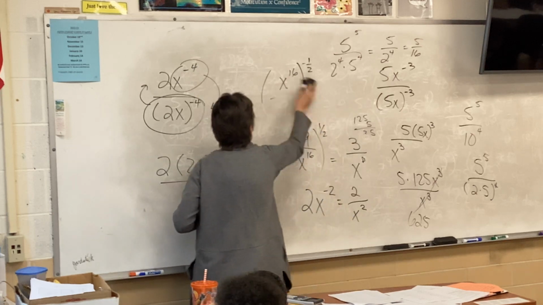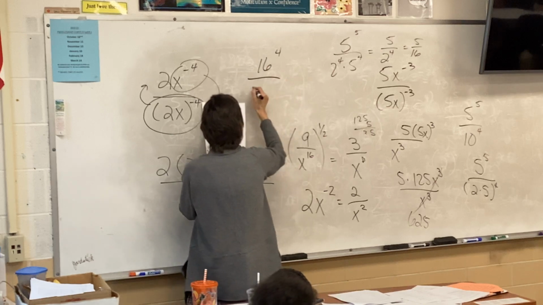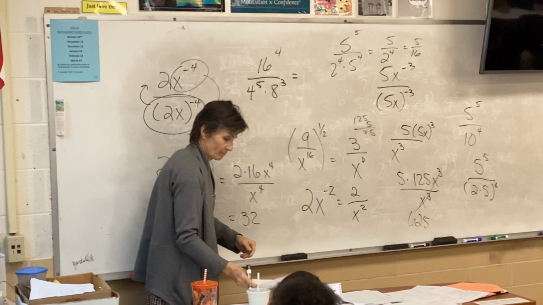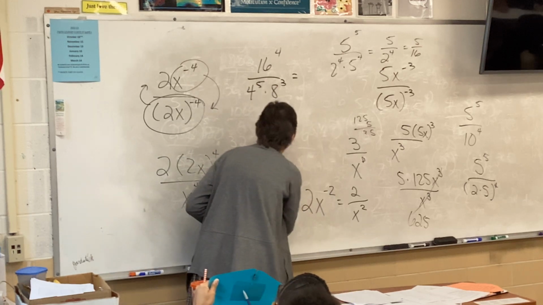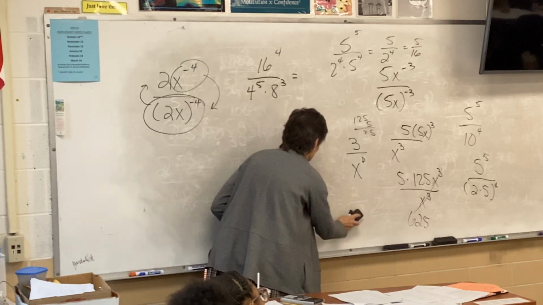How about this one, last one? 16 to the 4th over 4 to the 5th times 8 cubed. Make them all powers of 2.